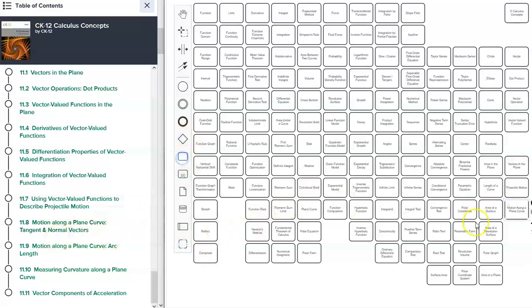And we have different types of vectors. We have a tangent vector, and a normal vector. I say tangent vector, you say tangent vector. I say normal vector, you say normal vector. Arc length. So we need to know what an arc is.